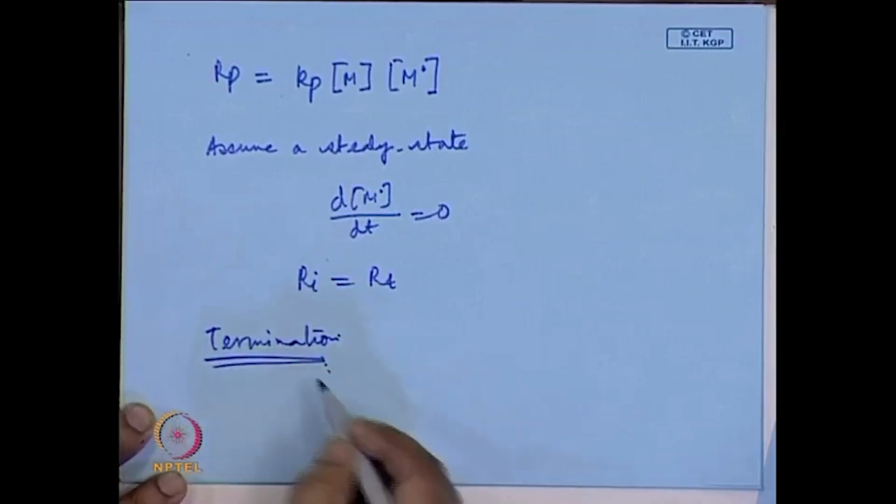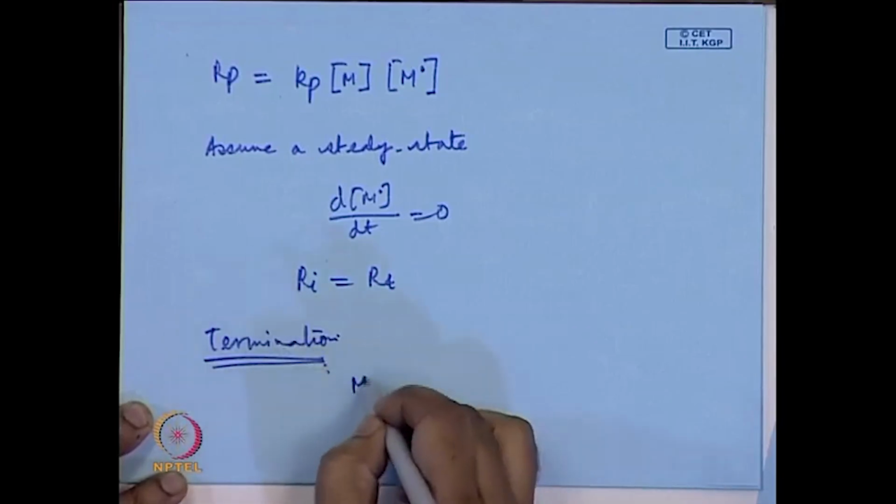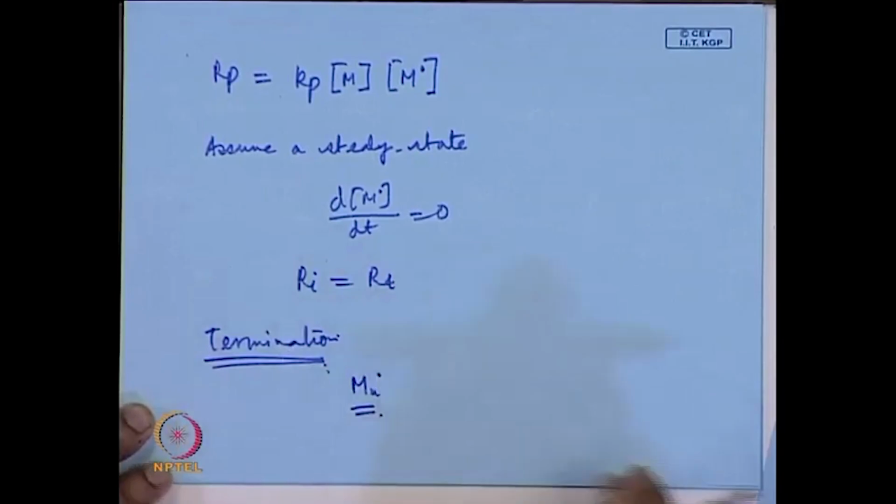Now, how can the radical Mn dot get terminated?